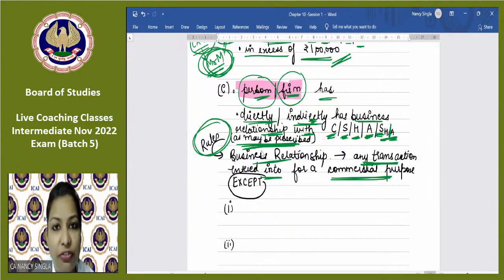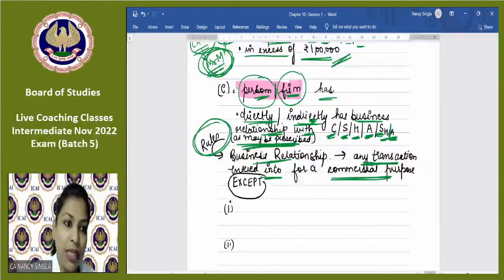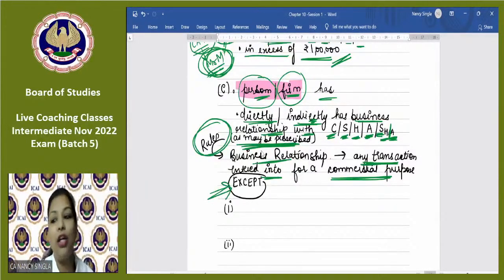So if the person or the audit firm has any business purpose transaction with the company or the subsidiary, holding, associate, or subsidiary of the holding or associate company, then such person is ineligible. He is not eligible to be appointed as the auditor of the company, except there are 2 exceptions to this. ठीक है. Is it clear?